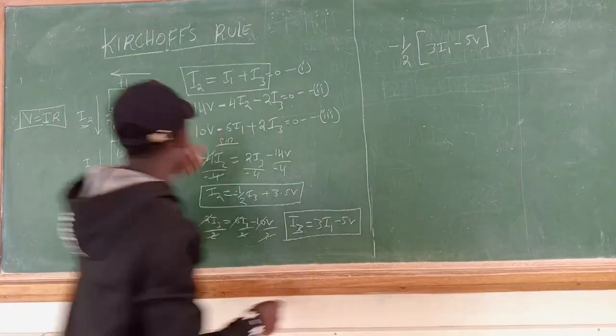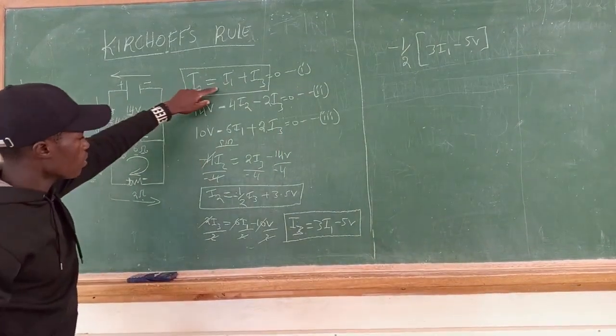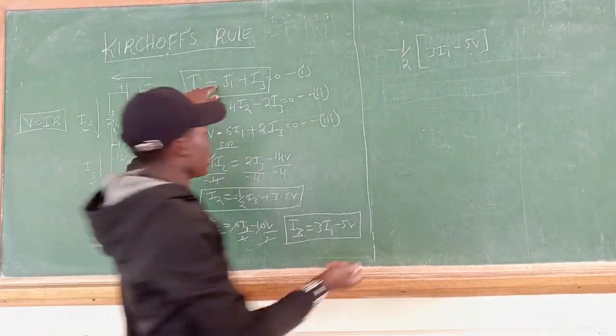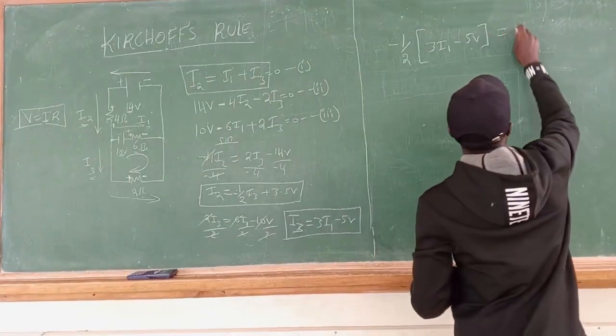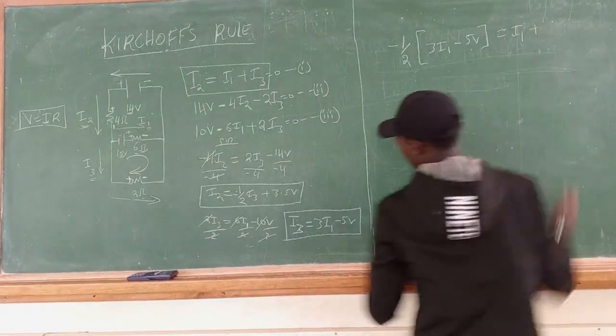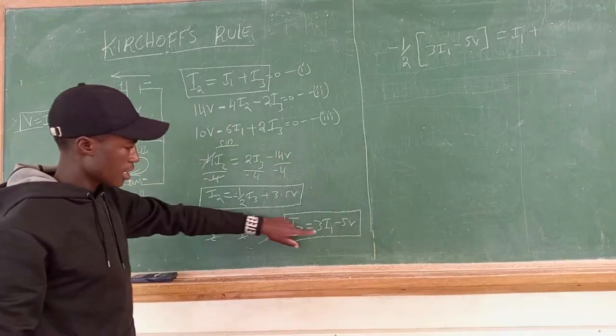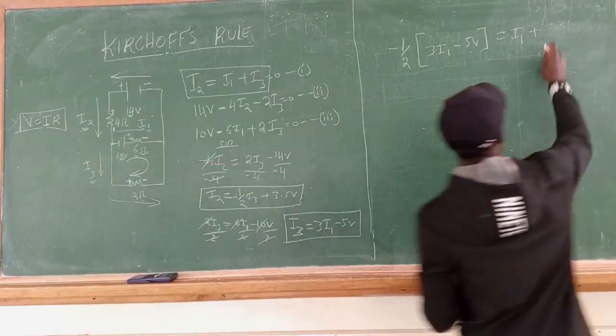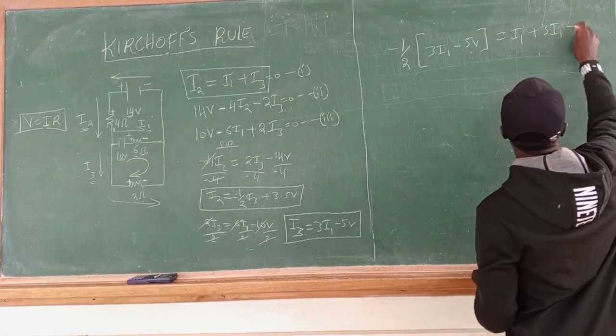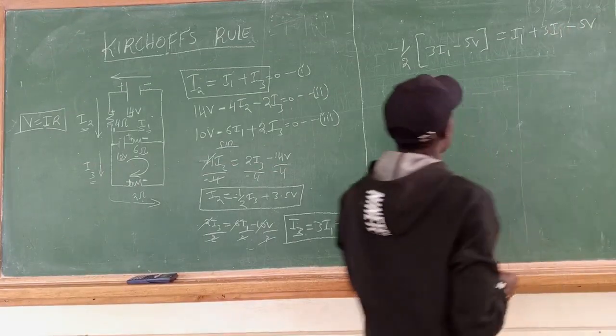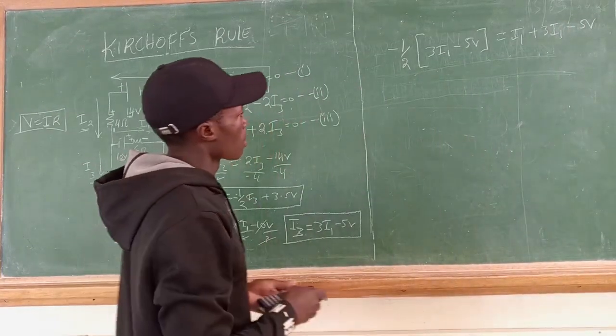Then you close the bracket. So that is I2. We don't have an equation for I1. So equals I1 plus I3, the expression for I3, that is 3I1 minus 5 volts.